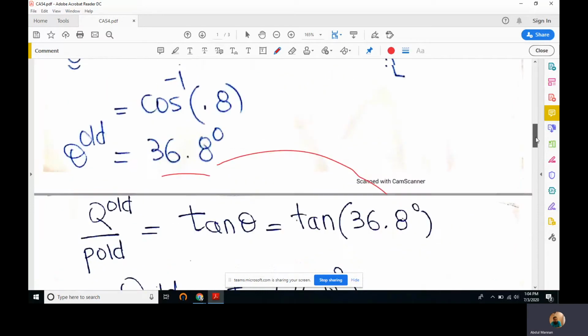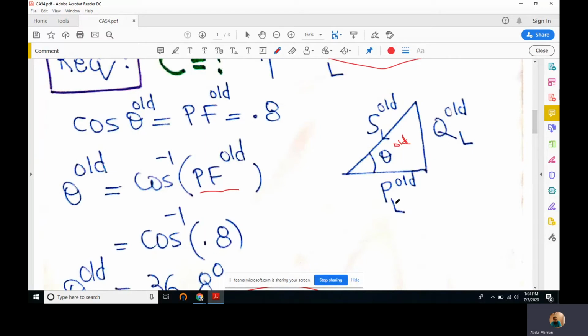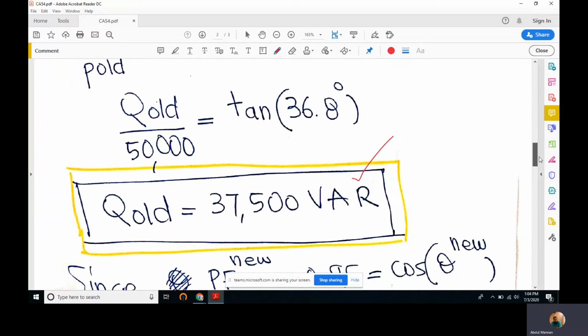We don't need to compute S old. Now we have P old, and P old remains P new. It remains the same because adding a capacitor doesn't affect P. We know that the average power absorbed in capacitors and inductors is 0. So adding a capacitor in parallel doesn't change P of the load, the average power.